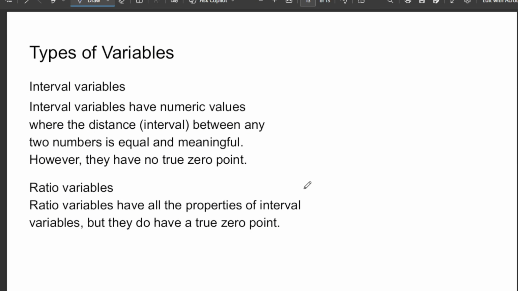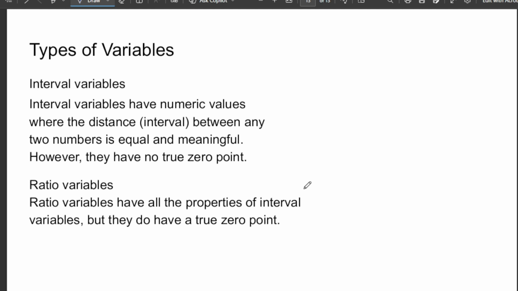Next, there are interval variables. Again, it's part of the continuous variables, which are split into two. Interval variables have numeric values where the distance between any two numbers is equal and meaningful. However, they have no true 0 point.